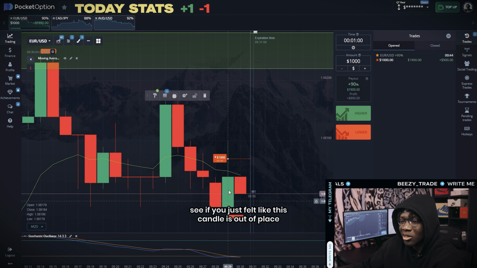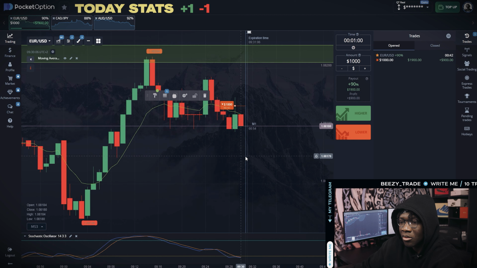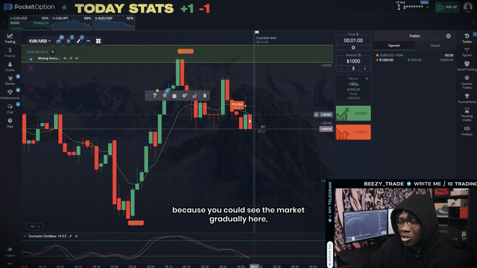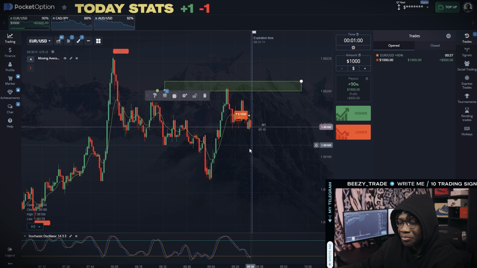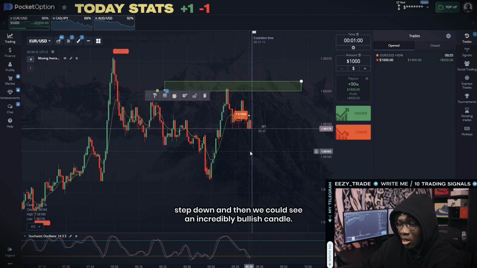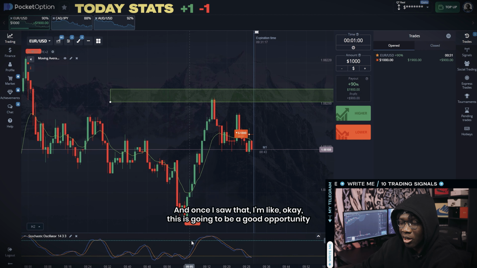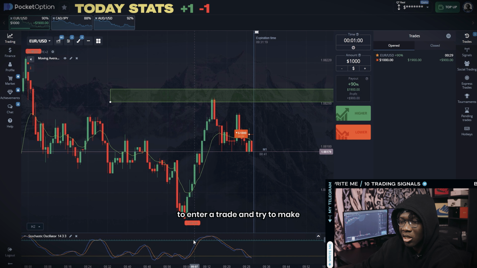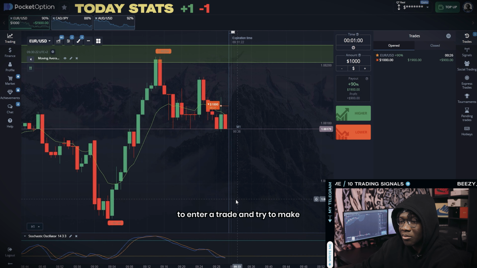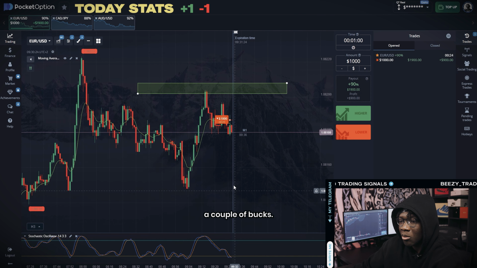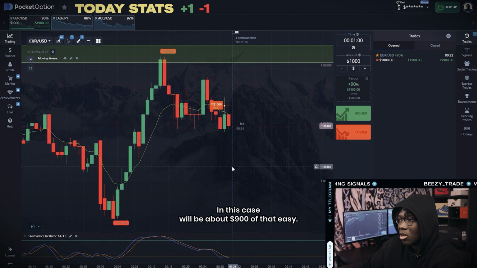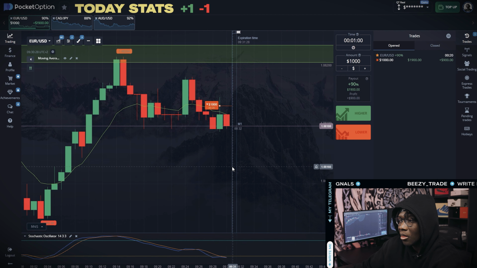It just felt like this candle is out of place, because you can see the market gradually here step down, and then we can see an incredibly bullish candle. And once I saw that, I'm like, okay, this is going to be a good opportunity to enter a trade and try to make a couple of bucks. In this case, would be about $900 off of that, easy.